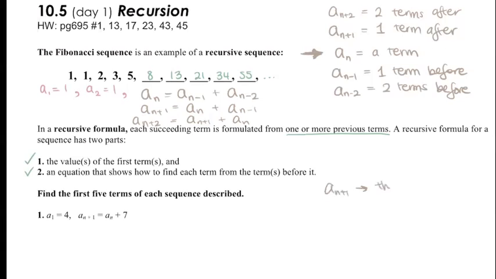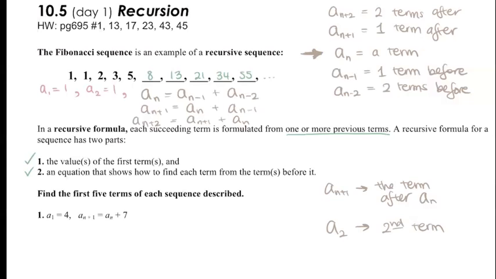means the term after a sub n. A sub 2 is specifically the second term. So the first one is just more general. It's just the term after whatever you set as a sub n.